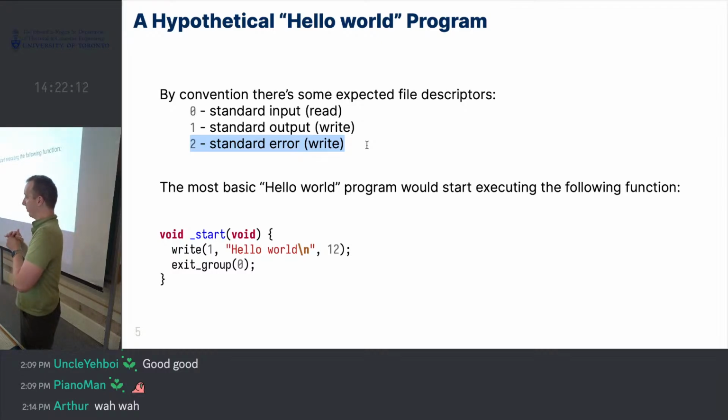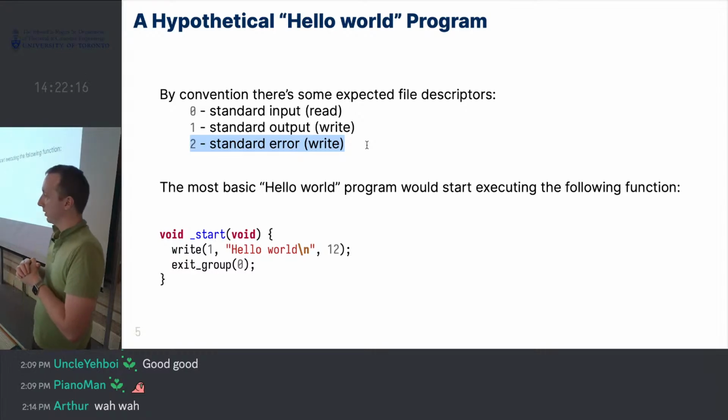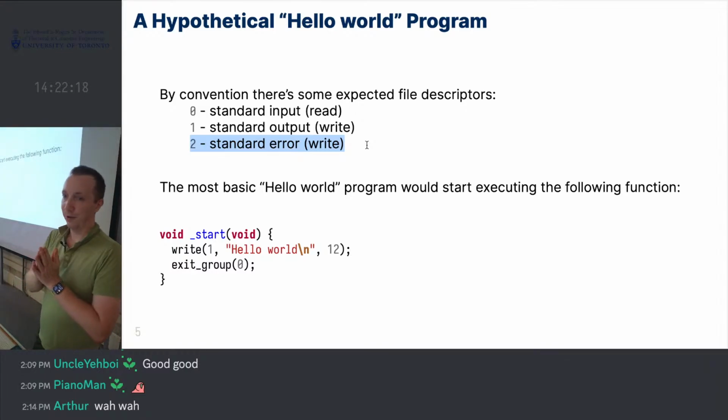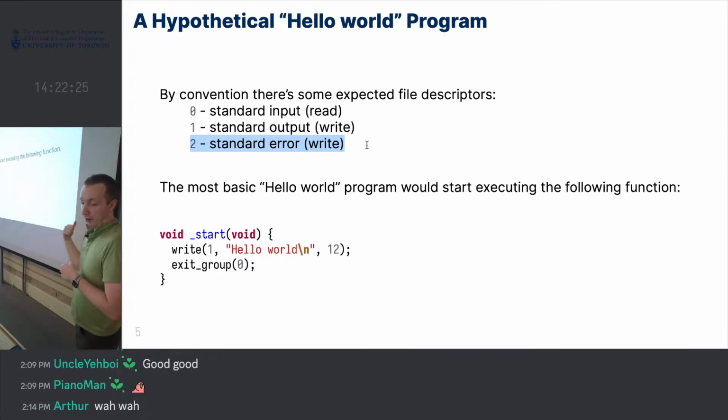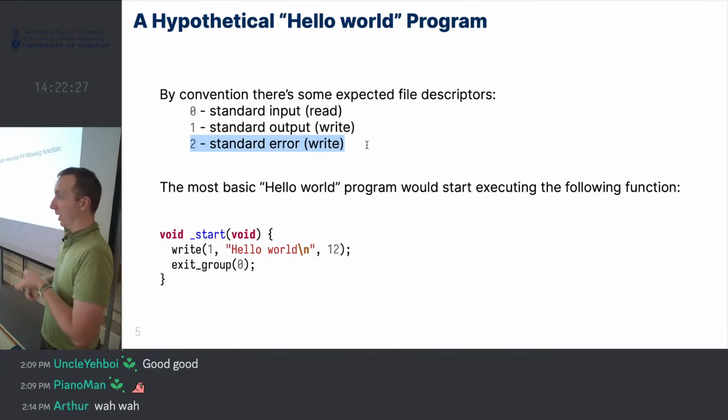So what's the difference between exit group 0 and return 0 in a main function? The question is, what's the difference between exit group 0 and just returning from main? Exit group 0 is what will actually happen on Unix operating systems. That's the request you have to make to the operating system.